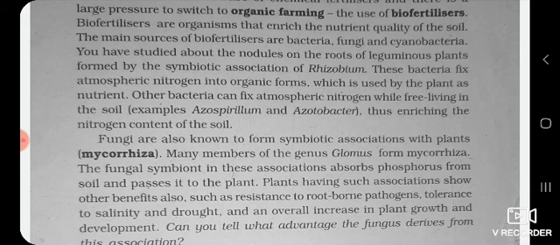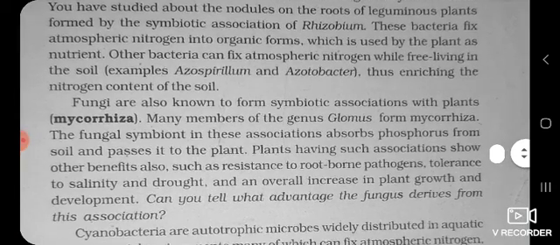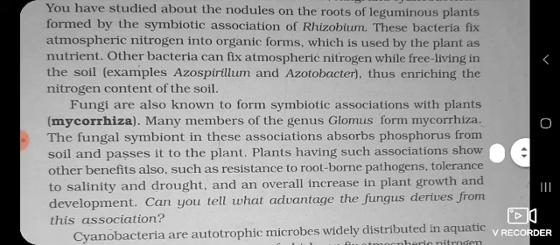We have studied that the roots of leguminous plants form a symbiotic association with Rhizobium. So Rhizobium is one of the bacteria which is always present in association with the roots of leguminous plants. This bacteria fixes atmospheric nitrogen into organic forms which are used by the plant as nutrients. So this is discussed in our state board syllabus.